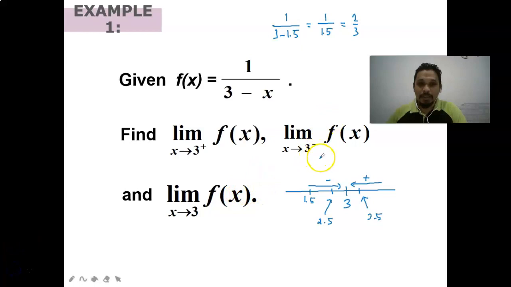Okay, I make a correction here. 2.5 and 1.5 are when x approaches 3 from the left side, not the right side, sorry. Approaching 3 from the left side here.